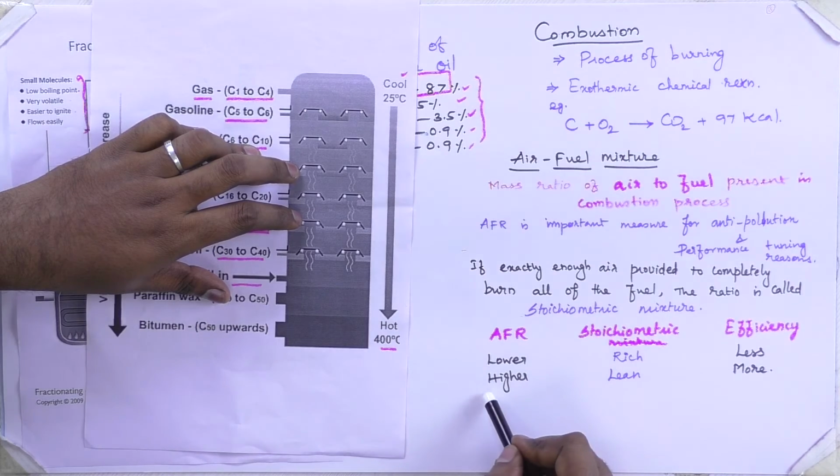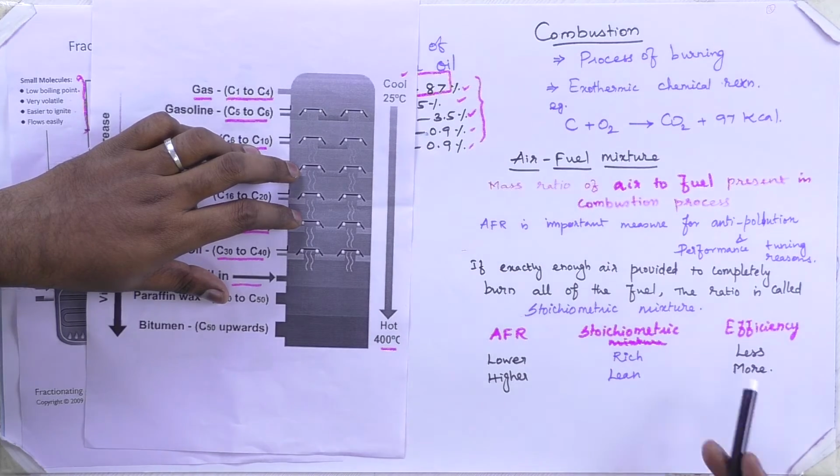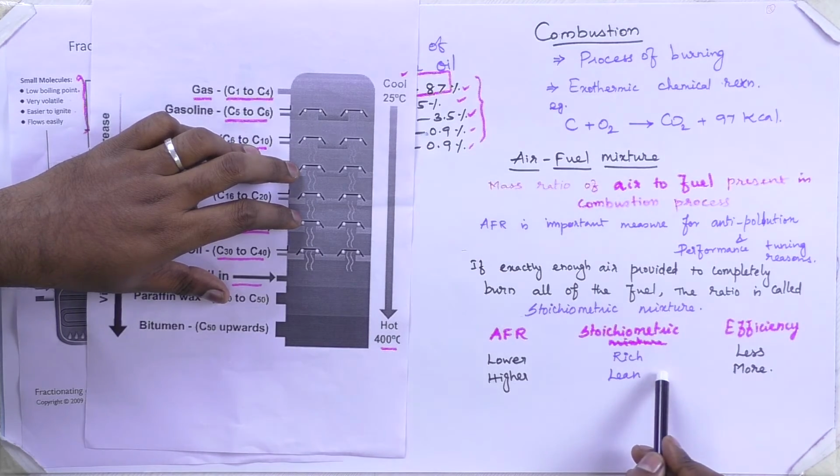If the air fuel ratio is higher, the mixture is lean and the efficiency is more. So by this combination itself, we may get which is the good fuel and which one gives the maximum efficiency during the process of burning in our internal combustion engines.